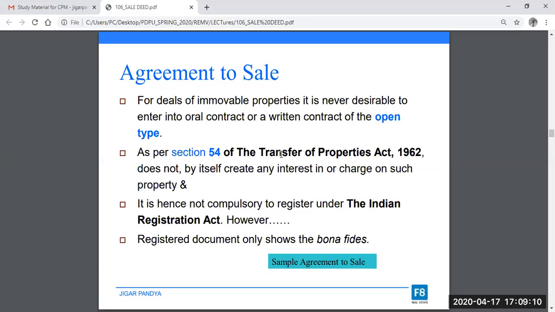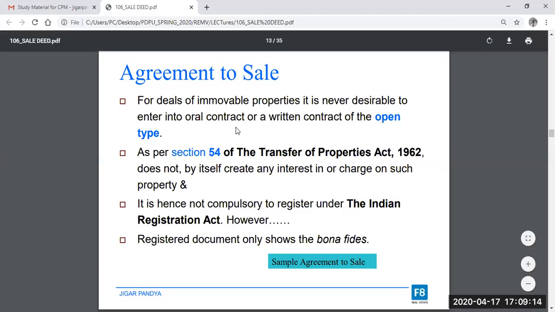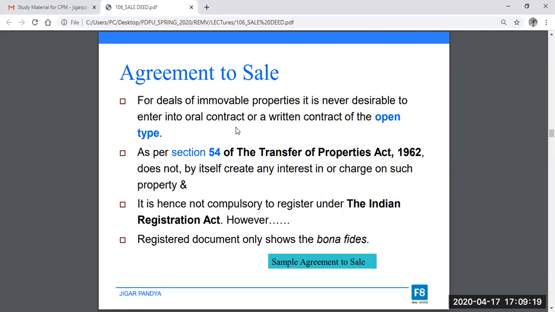Now, this particular slide is talking about if you enter into an agreement of sale, let's say, before the sale deed, should you register your agreement of sale? Because once you go to register it, some part of stamp duty will be required to be paid.